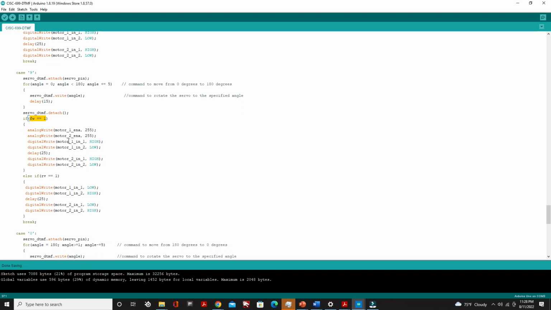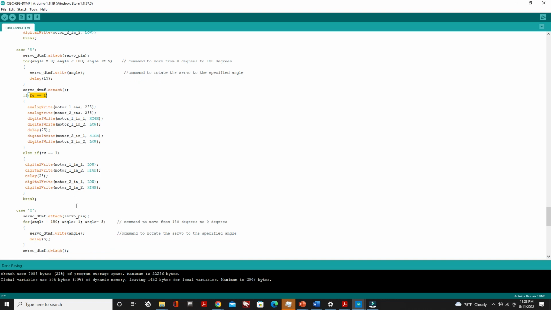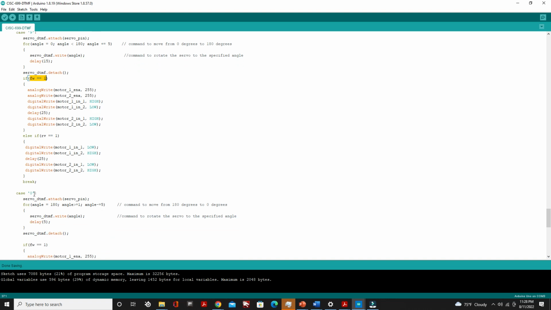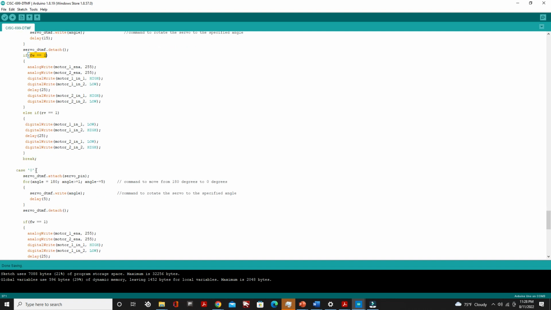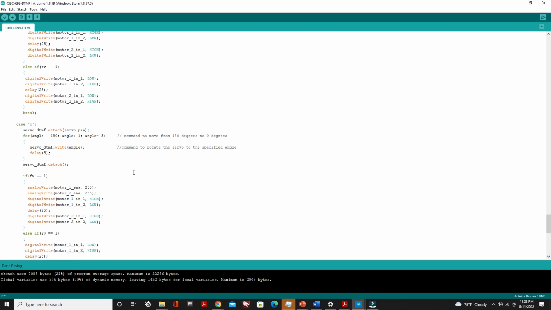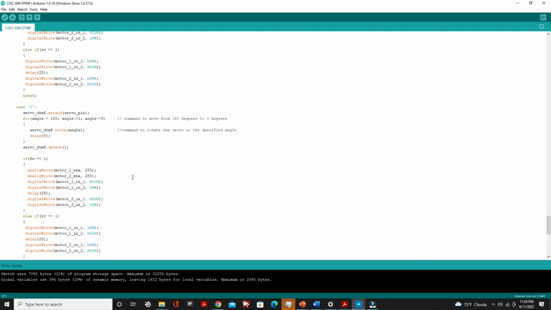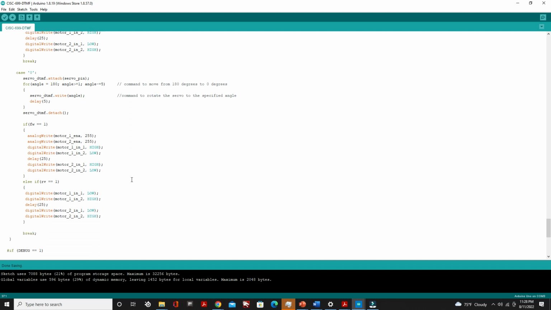If it's in the forward mode, then I again enable all the DC motors in the forward direction. If it's reverse, I enable the DC motors in the reverse direction. A similar approach I have taken for keypad number 0. The only difference is when keypad number 0 is pressed, the servo motor actually turns to the left.